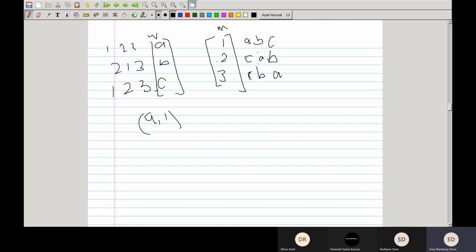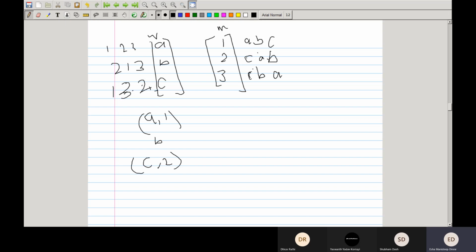Two will go to the first woman in his preference, who is C. C is also unmatched. So C will become matched with 2, and then we'll go to 3.